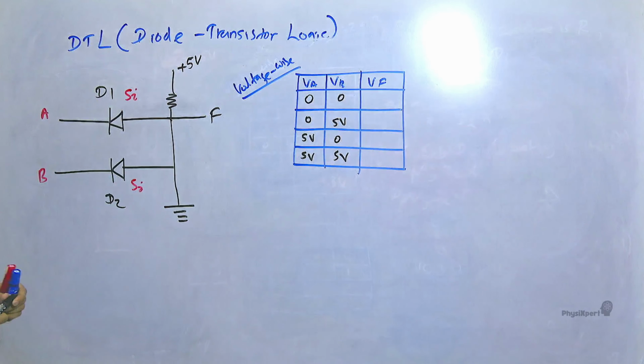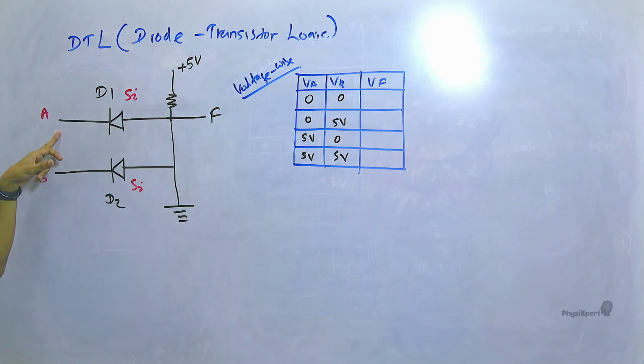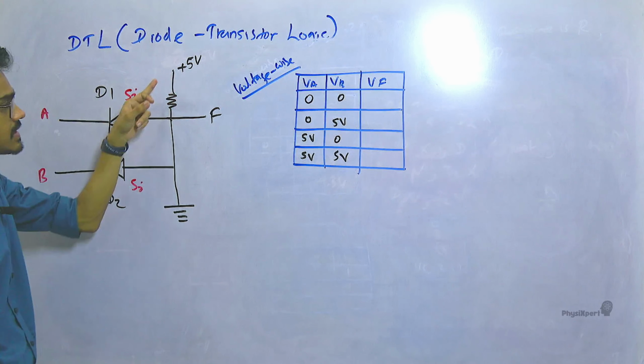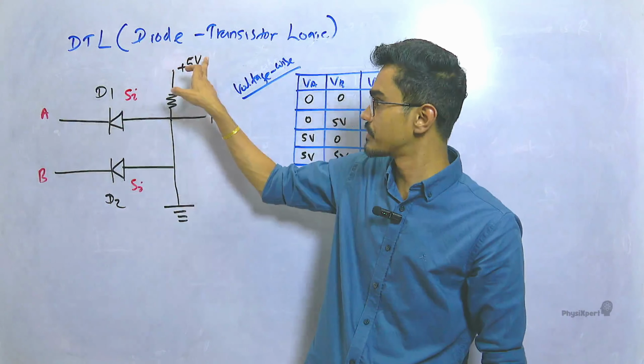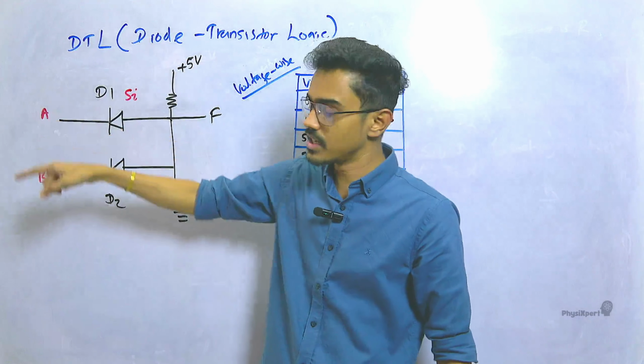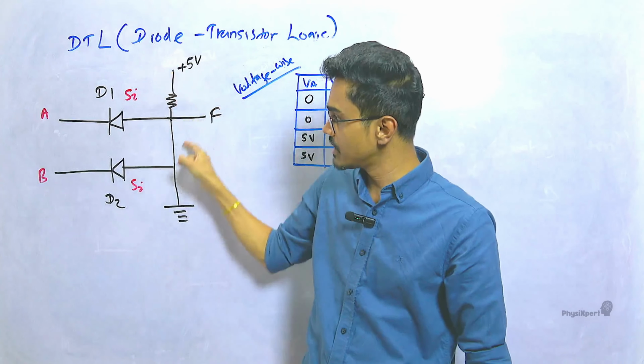Now when VA is 0, this side has 5 volts, so it has enough potential difference of 0.7 across the diode to forward bias. One side is at 5, the other side is at 0. Similarly, across D2 also, one side is at 5, the other side is at 0.